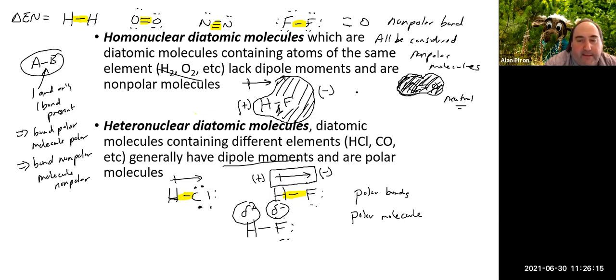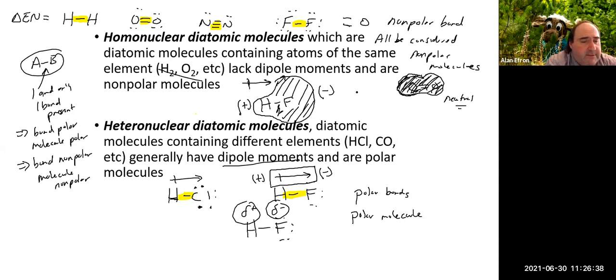Now, diatomic molecules are really easy to determine whether or not the molecule is polar or nonpolar, because as we just talked about, there's only one bond, and as you can see up on top, it doesn't matter if it's a single bond, double bond, or triple bond.